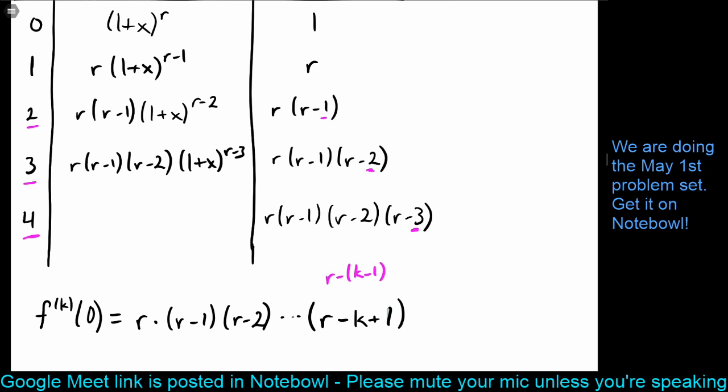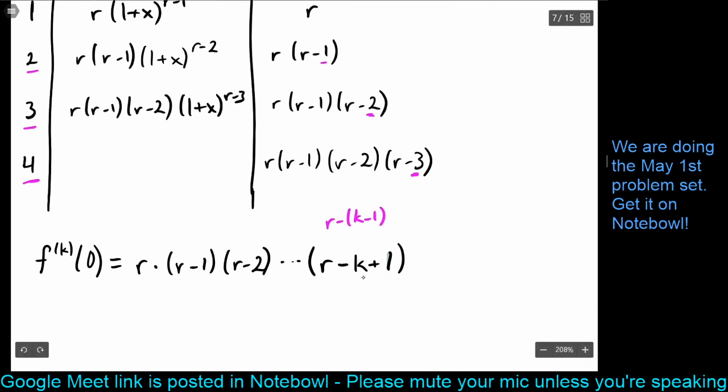Now this looks a bit funky if k is 0, because then it looks like you're multiplying R as the values go down until it reaches R minus K plus 1. So this formula makes sense as long as k is at least 1.